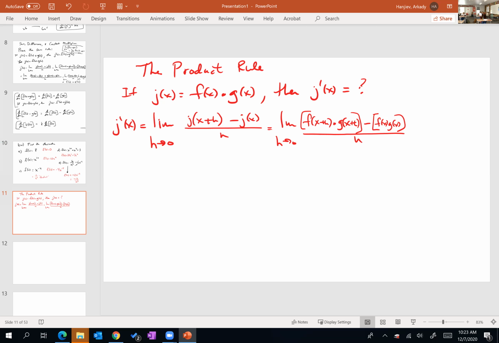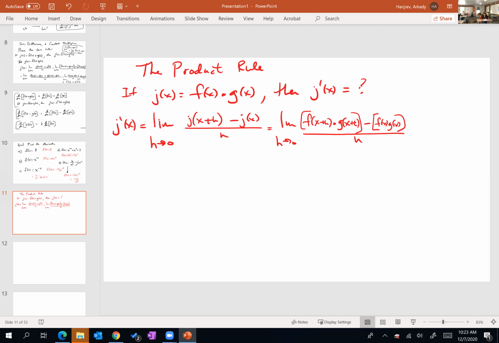That's just as far as we can go, and then we're waiting for a stroke of genius. Wait, are we supposed to come up with the stroke of genius?